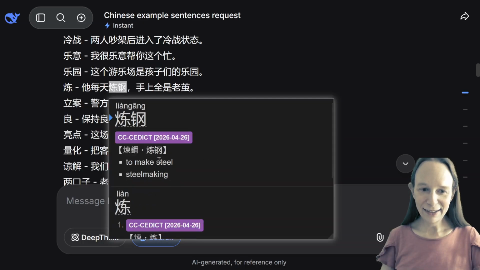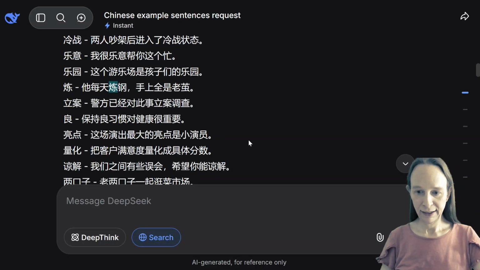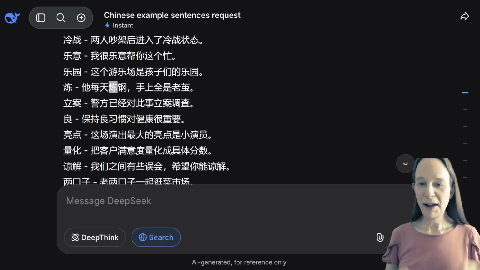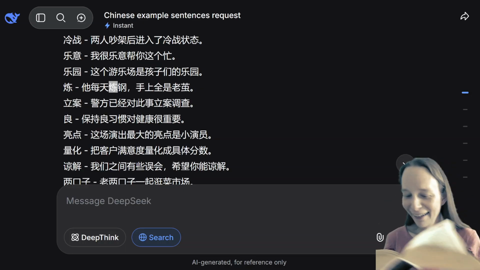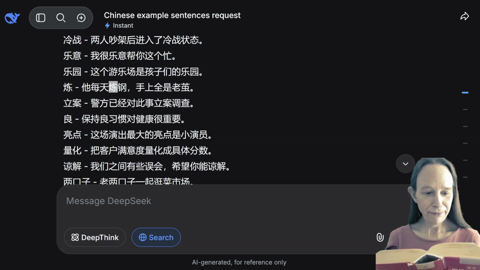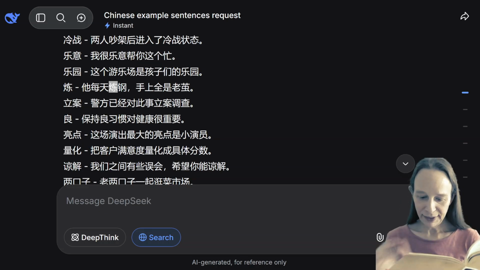Okay, 炼钢. So 炼, refined, smelt, steel. But it's used in too many other words. We should go into a bit more depth. All right, we have three definitions for this character, 炼.